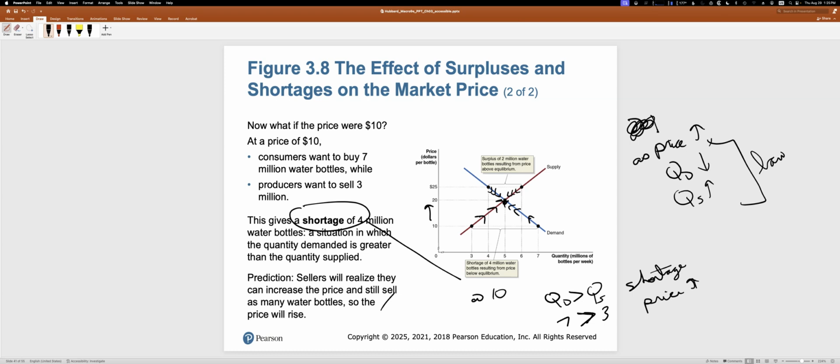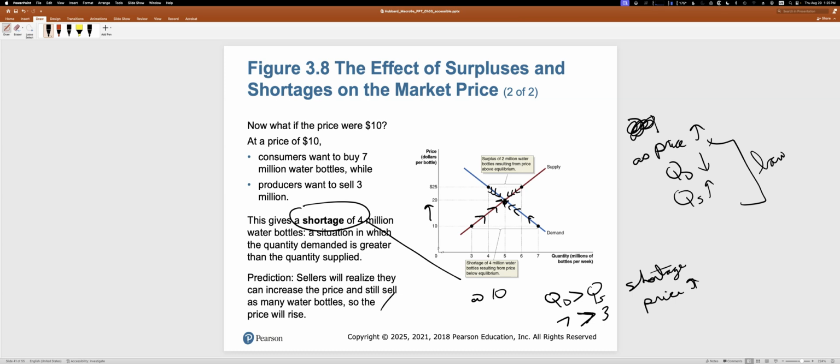All that we require here is for producers to be able to change the price as they want to. As long as we don't stop sellers from being able to change their price, then shortages and surpluses will be eliminated. I'll repeat that again.